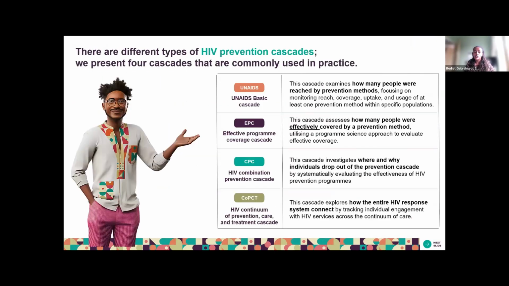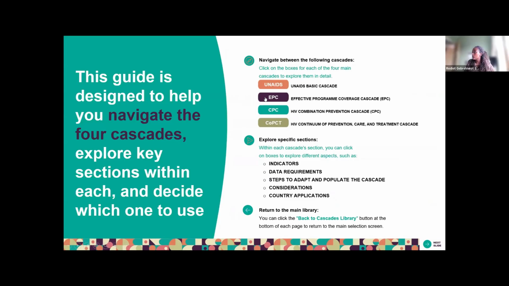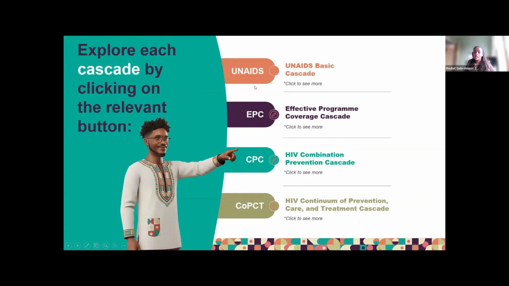The next main section transitions directly into describing what each cascade tracks and when it is most helpful to adapt and populate, to make sure that the user interface is intuitive. We have made this color coded, so each color is aligned with one cascade, which allows you to explore different models by clicking through some dedicated buttons.